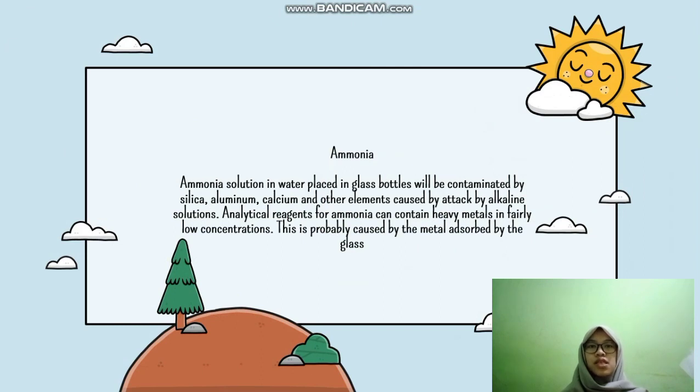Ammonia solution in water placed in glass bottles will be contaminated by silica, aluminum, calcium, and other elements caused by attack by the alkaline solution. Analytical reagents for ammonia can contain heavy metals in very low concentration. This is probably caused by the metal absorbed by the glass.